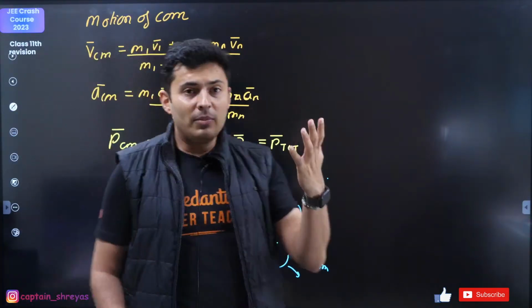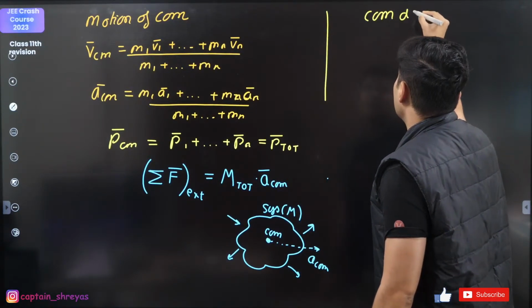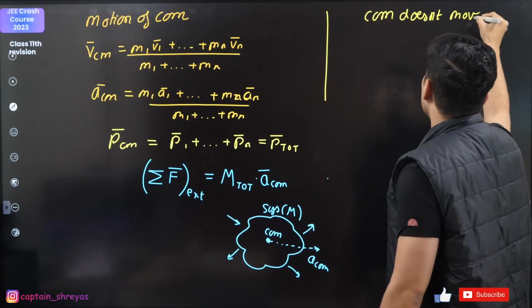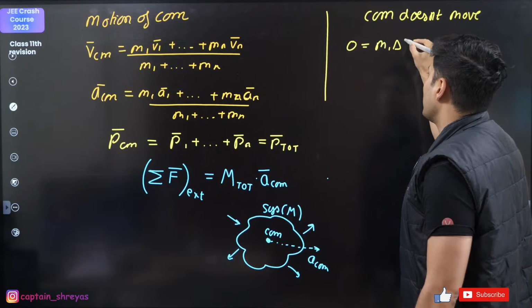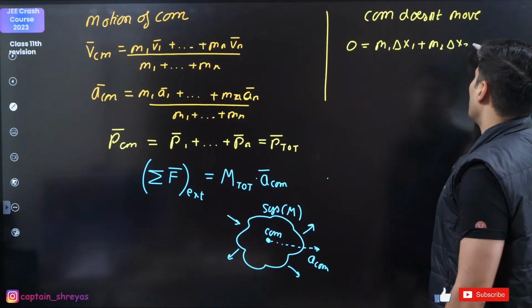Where problems involve the center of mass not moving, you can use this special condition, which is 0 is equal to m1 into displacement of particle 1 plus m2 into displacement of particle 2, and so on.